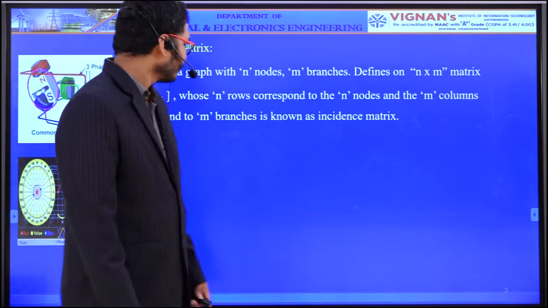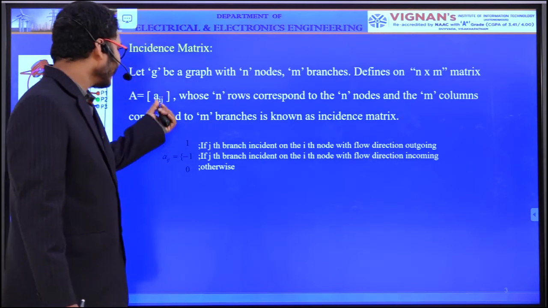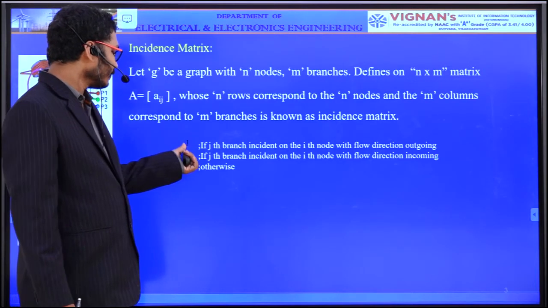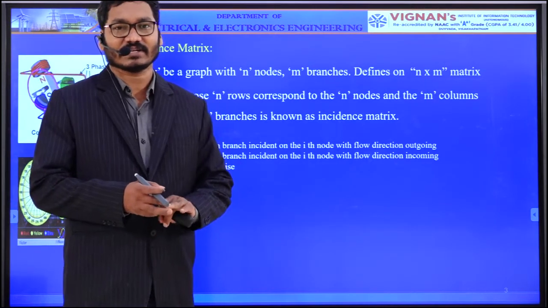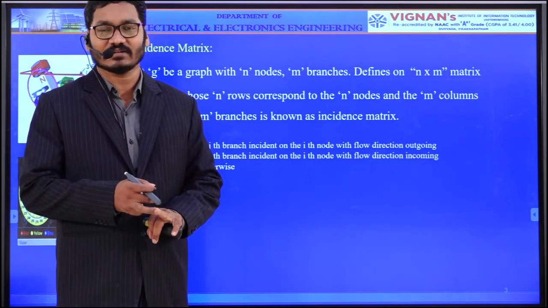See here, suppose aij is an element of the incident matrix. The elements of the matrix are 1, minus 1 and 0.